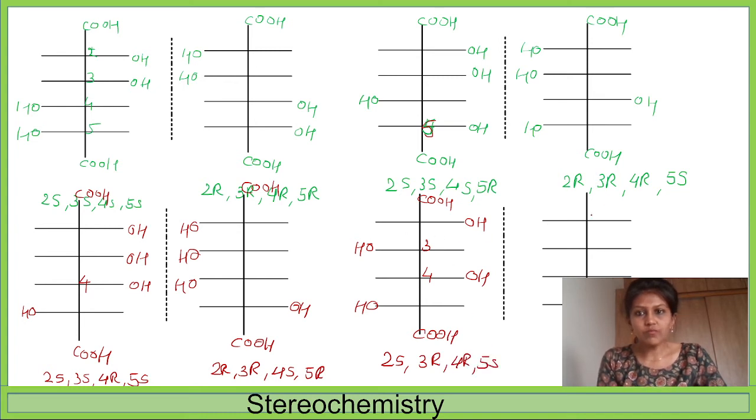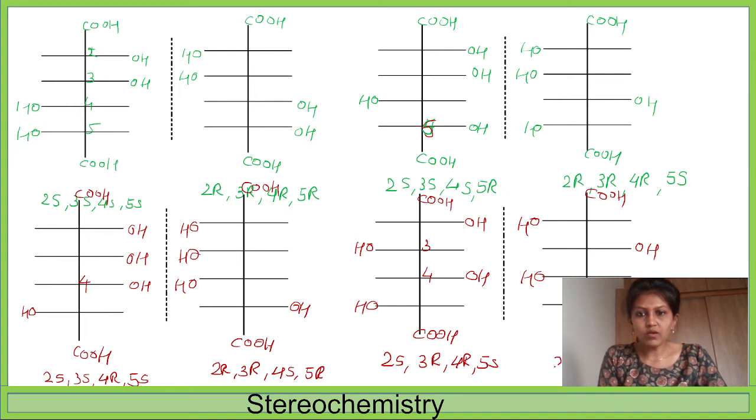Now the enantiomer of this seventh molecule, we can write over here, has exactly the opposite configuration to the seventh molecule, because both are enantiomers.